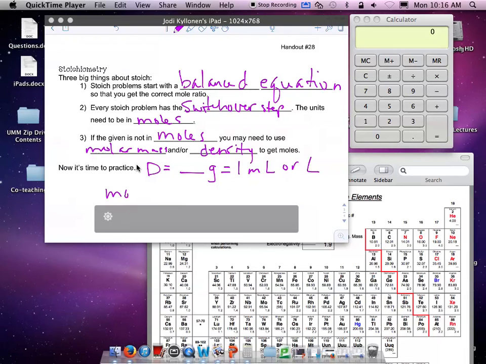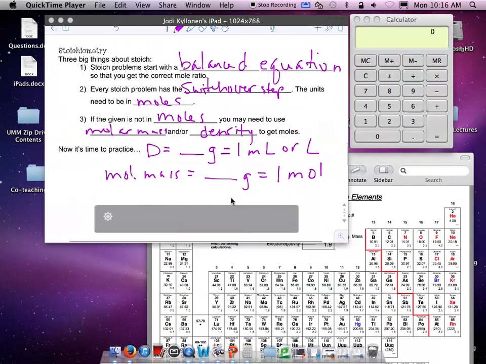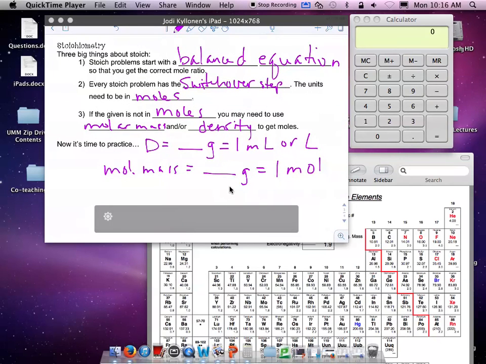Whereas molar mass, remember, is the number of grams equal to 1 mole. And then remember that this blank you fill in by looking at the periodic table. So if I gave you a number that started in grams, you could use this number to cancel grams and get to moles, and then you would do the switchover step to get to the other chemical.